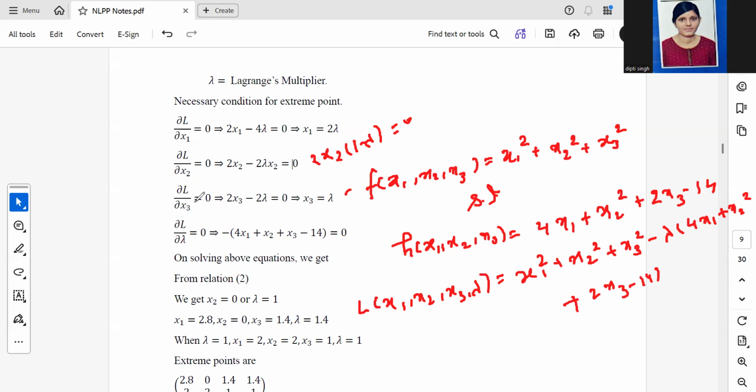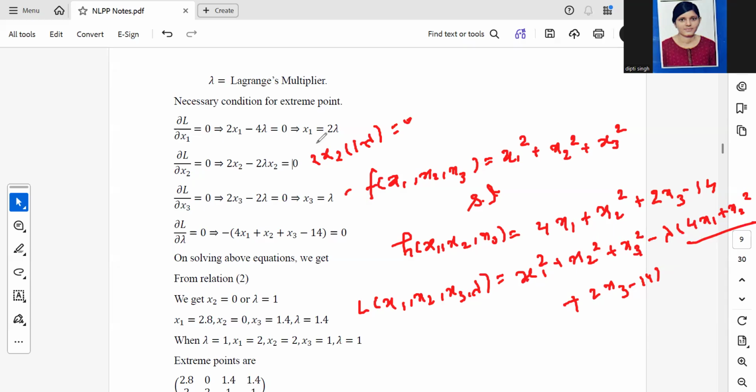Partial derivative with respect to x3 gives 2x3 minus 2 lambda equal to 0, so x3 equals lambda. And the partial derivative with respect to lambda gives back the constraint equation.